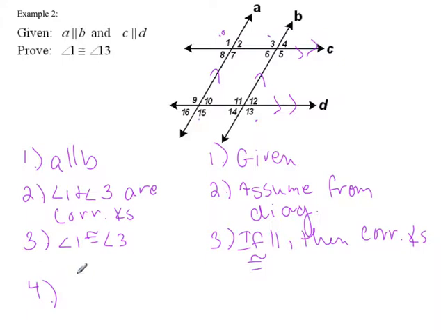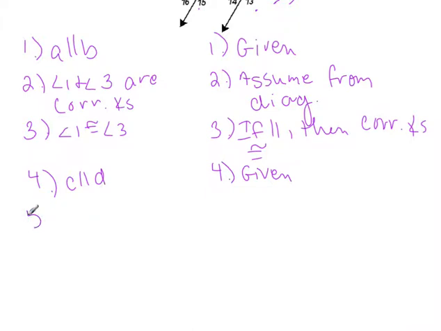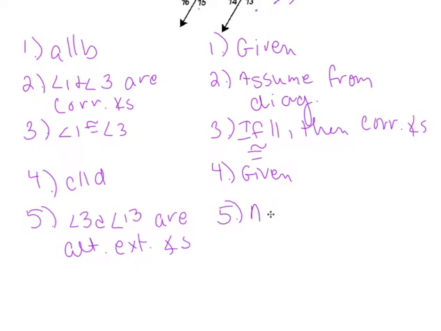But before I do that, I have to say that C is parallel to D. That's given. And then I have to say that angle 3 and angle 13 are alternate exterior angles. And the reason for that is, again, assumed from diagram.